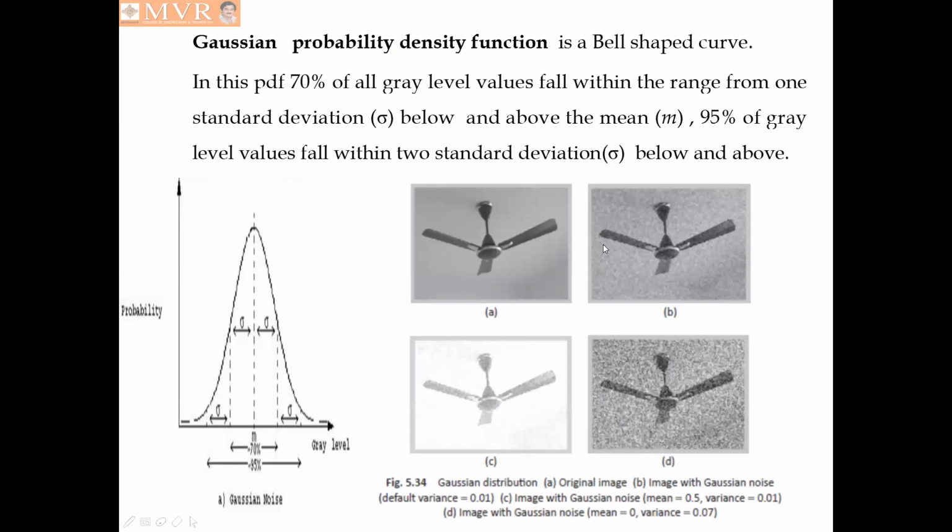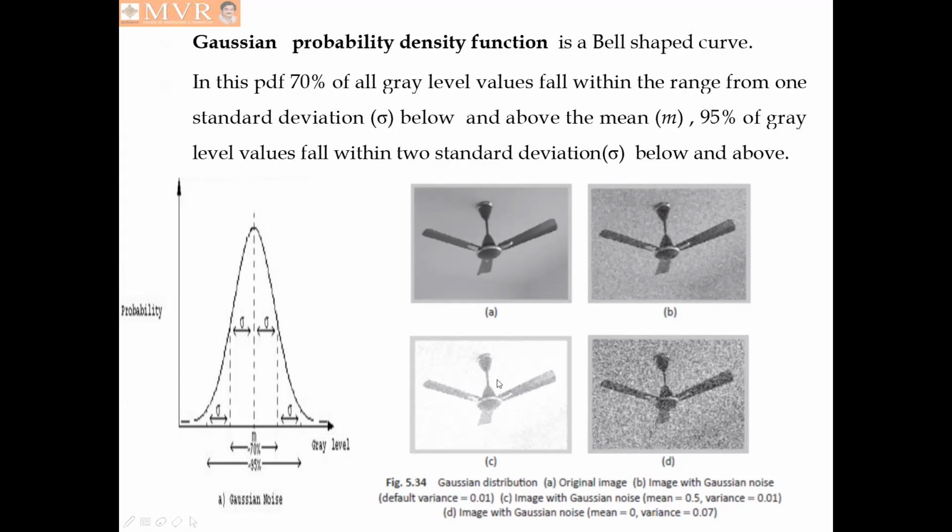Here are some examples. These are the images. The first image, A, is the original image, and B is the image with Gaussian noise. C is an image with Gaussian noise with the mean value equal to 0.5 and the variance equal to 0.01. In the first case, B is an image with Gaussian noise where the default variance is 0.01, and the mean value, which we have not mentioned, is 0.